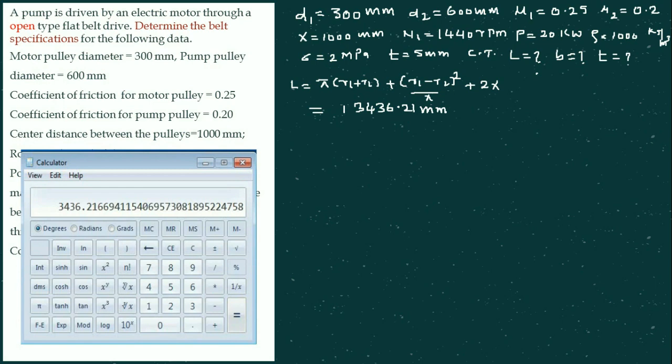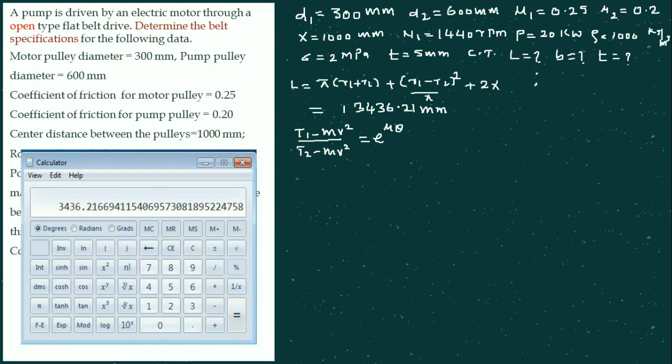Now we need to calculate the width. For that width we need to consider the ratios. That is T1 minus mv square by T2 minus mv square, which is equal to e raised to mu theta.